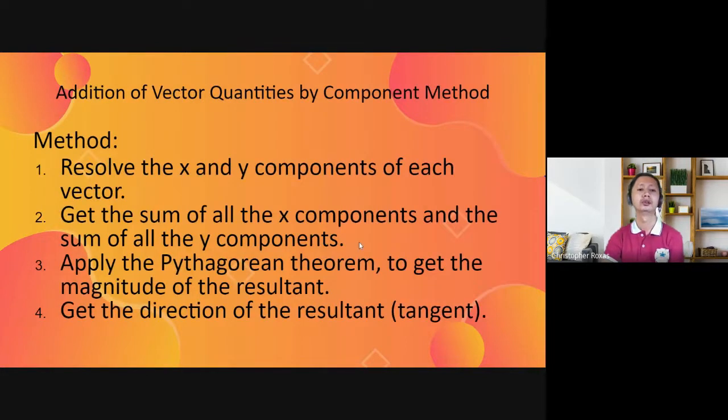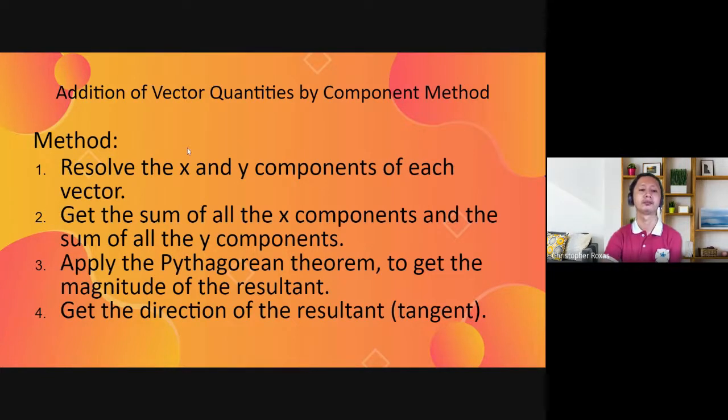So, how do we perform the component method? Or how does it work? Okay? So first, we resolve the x and y components of each vector. So the idea here is that every vector has two components, x and y.